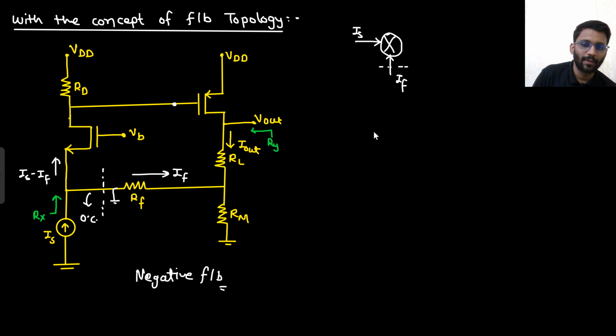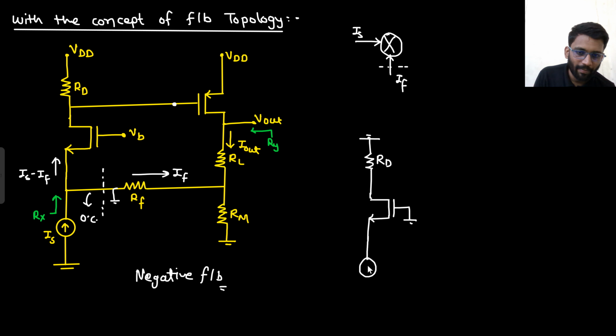So what is your open loop? Let VDD be gone. This is your RD, and then you have a MOS. This will be grounded. This is your IS. This node will be open circuited.